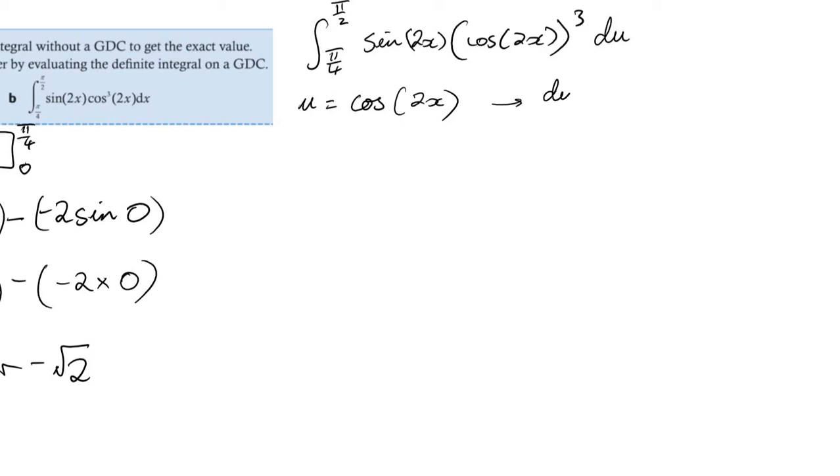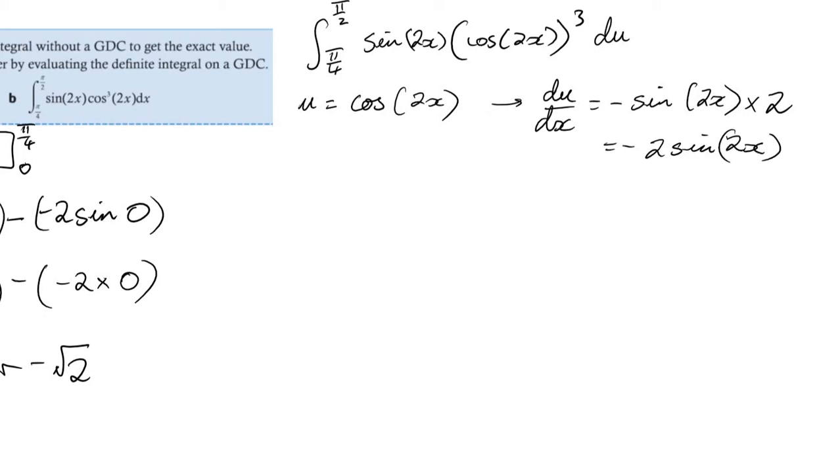If we do that, du dx, derivative of cos is negative sine, multiplied by the derivative of the inner function, 2. Alright, so what we're working with then, to get to sine of 2x, we're going to have to multiply this by negative 1/2.